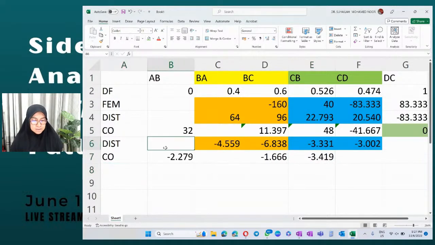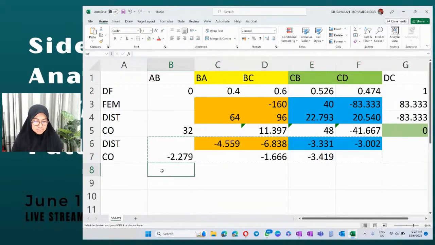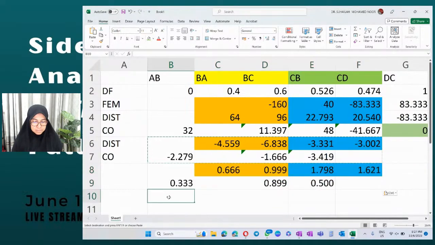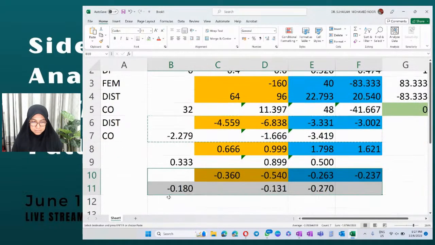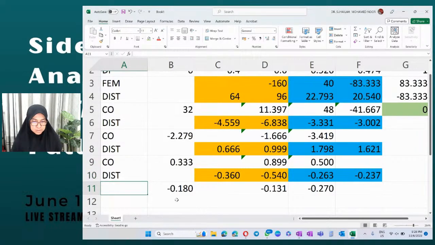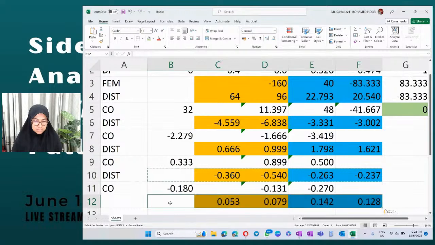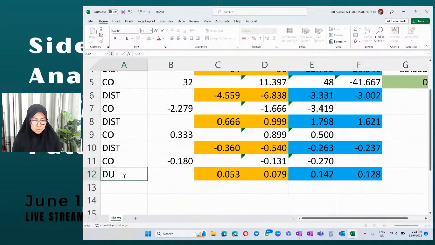So we can continue the process: distribution, carry over, distribution, carry over, distribution. Okay, so this is the last distribution.